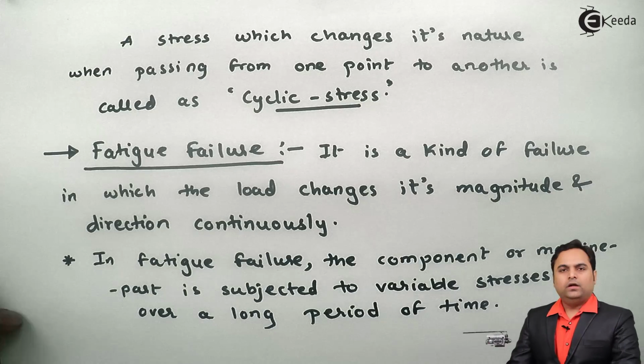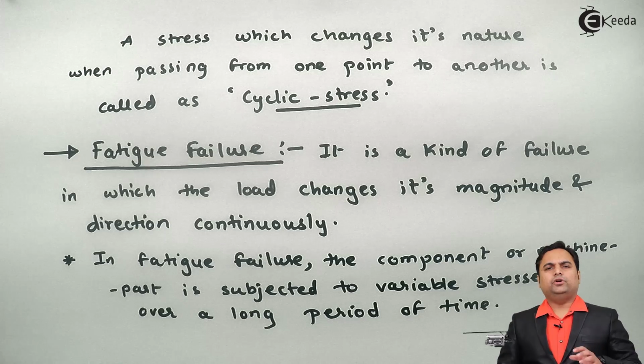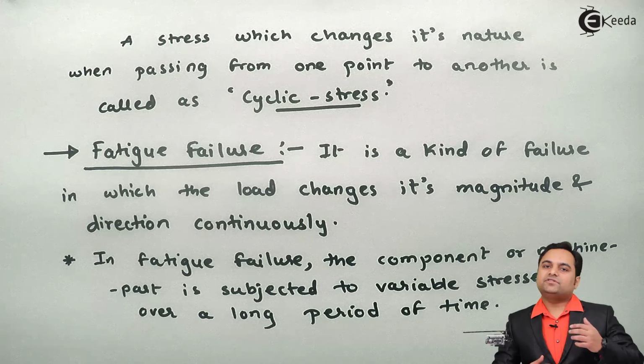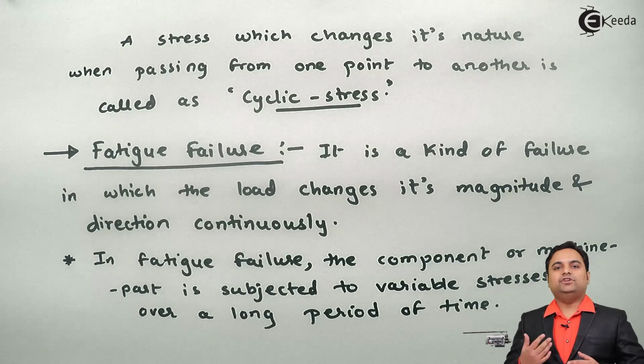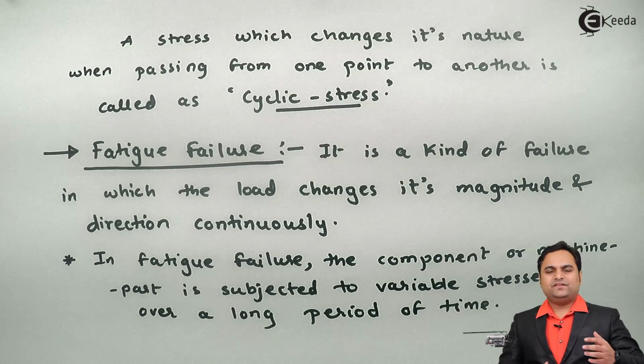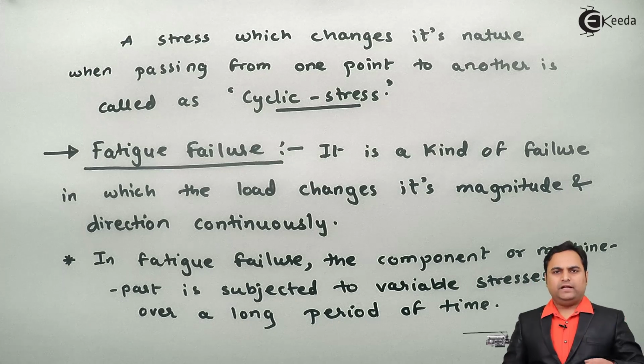As I have written here, in fatigue failure, the component or a product or a machine part we have is subjected to variable stresses, means the stresses continuously go on changing their value, and it is subjected to these stresses for a prolonged period, for a continuous period, or we can say over a long time.